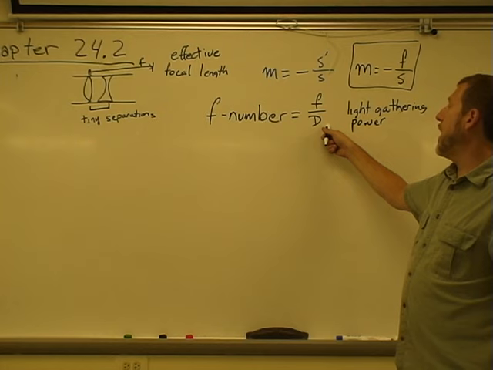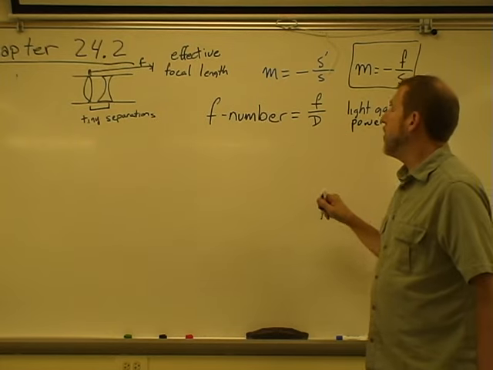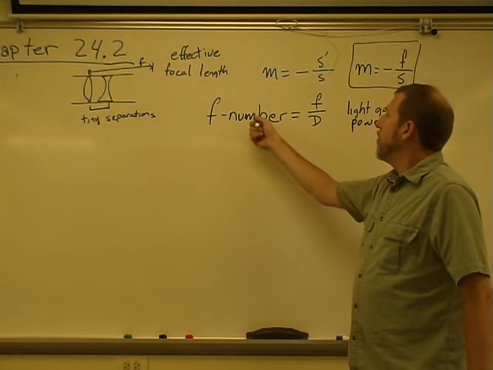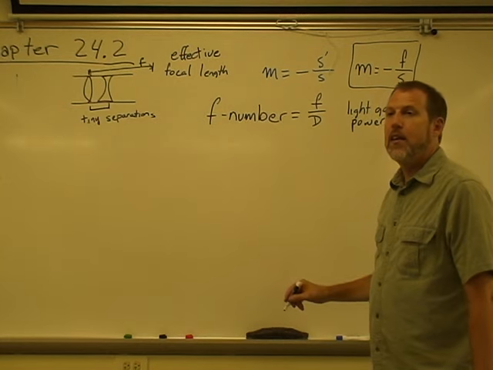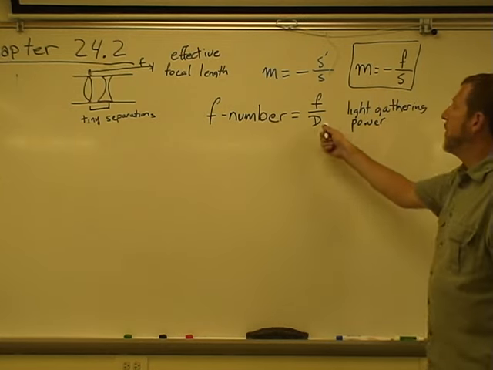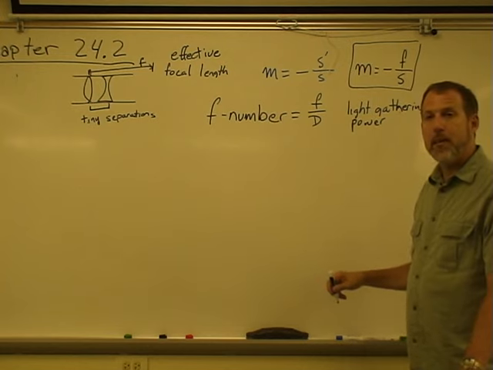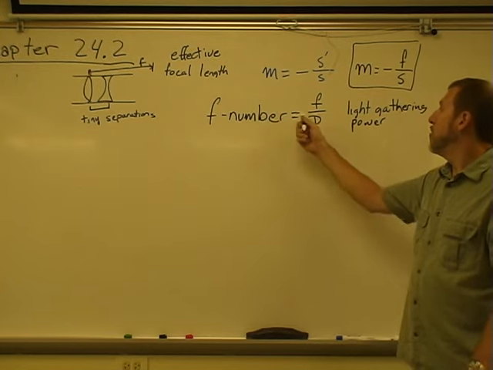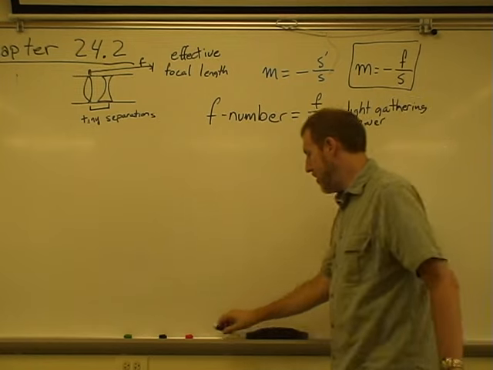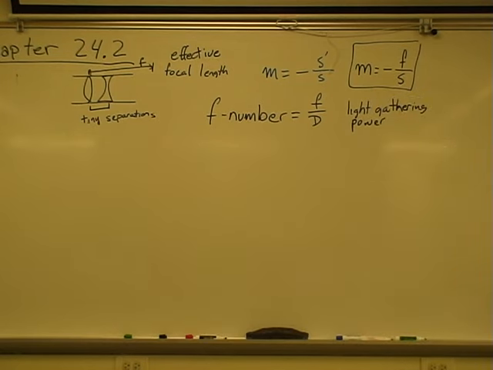The larger the diameter, the smaller the F number. The larger the diameter, the more light is coming in over some given period of time. So the smaller the F number, the more light is coming in.